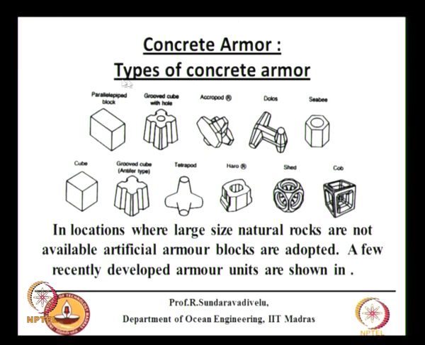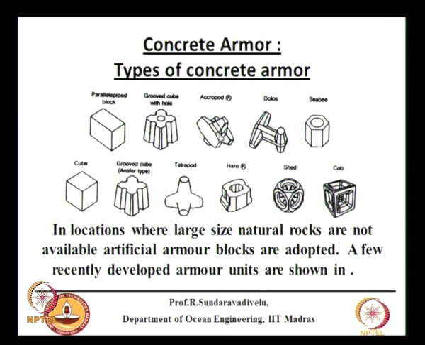So these are the different types of armour units. This is the block, crude, acropod. I have shown that in the last one of the meetings: dolas, CB, cube, crude cube, tetrapod. This tetrapod is most commonly used in India, and acropod also we have used.